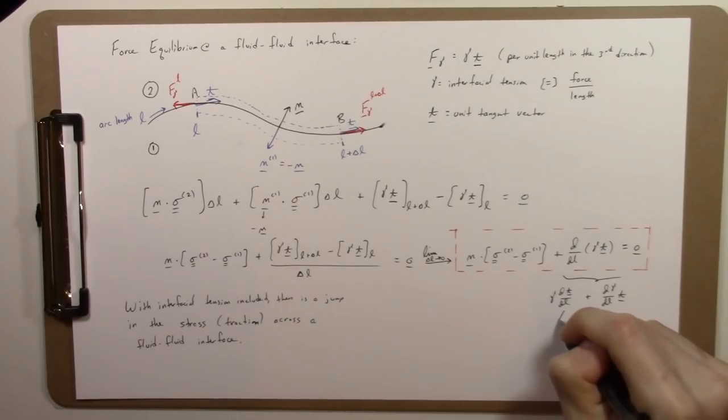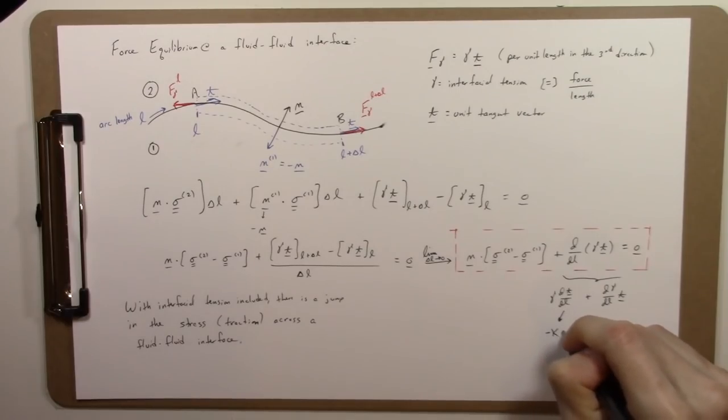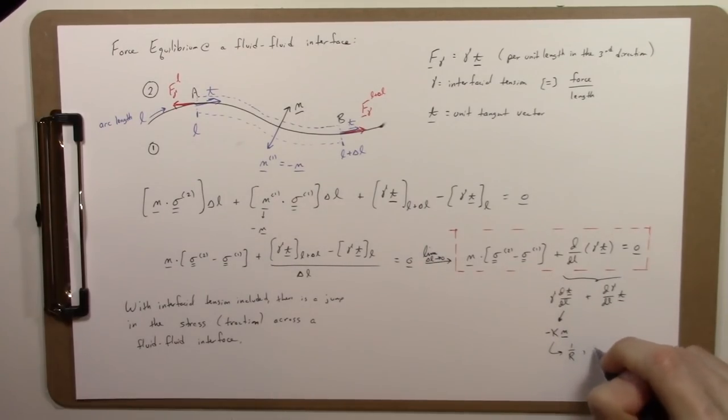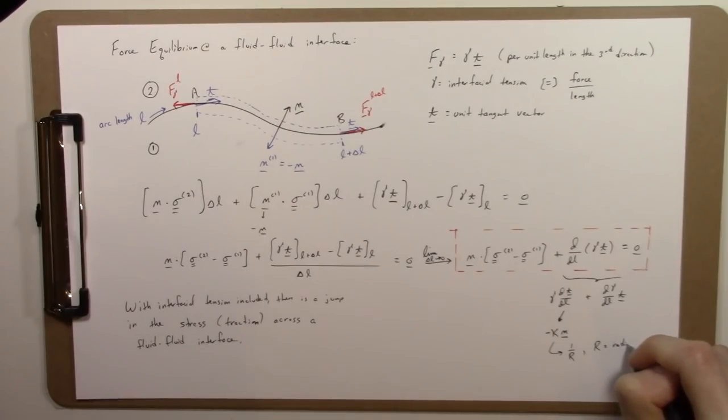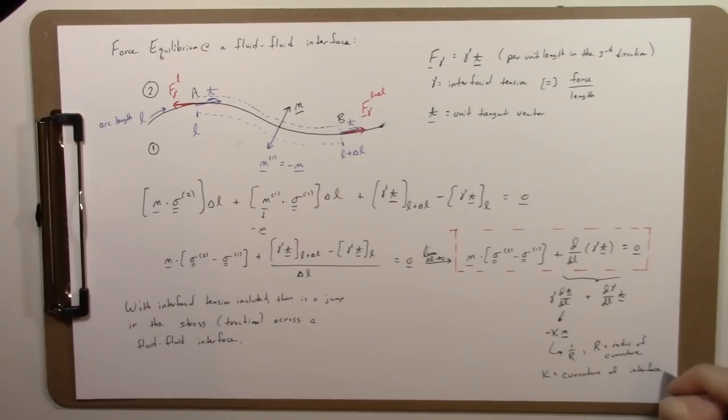And it turns out that dt dl, if you do some geometry, you'll find is equal to minus kappa times a unit normal vector n, where this kappa is 1 over R. R is the radius of curvature of the interface, and therefore the kappa is known as the curvature of the interface. Has units of 1 over length, as indicated by 1 over R. R is a radius, so it has units of length.